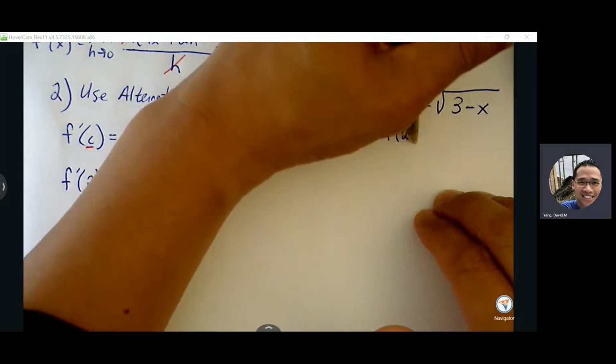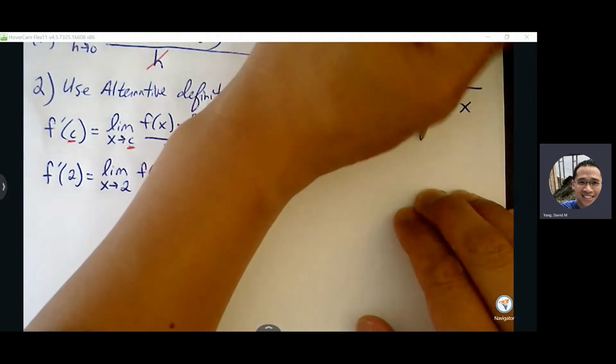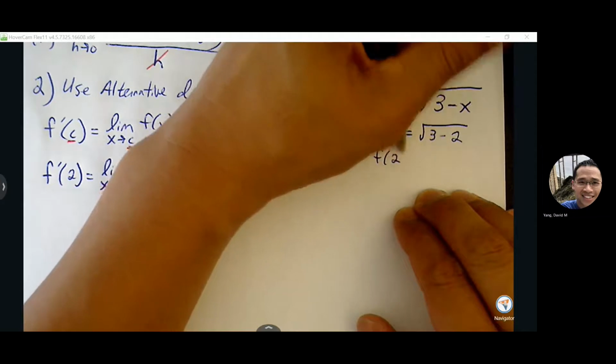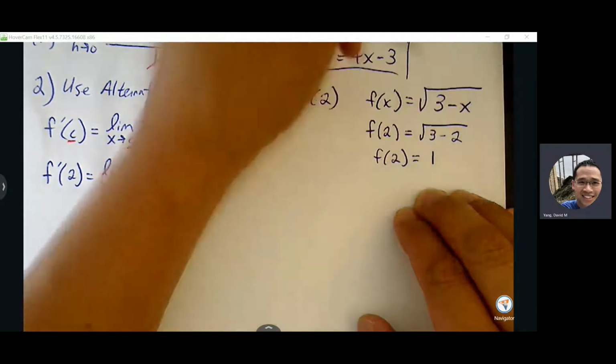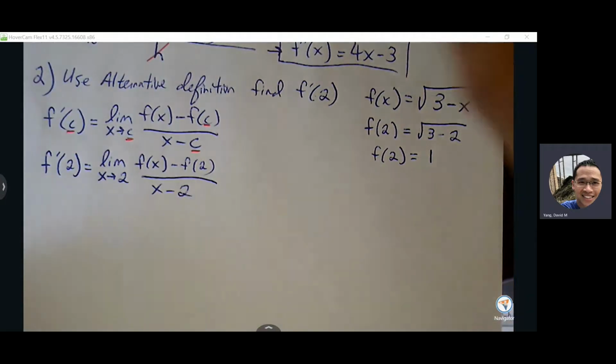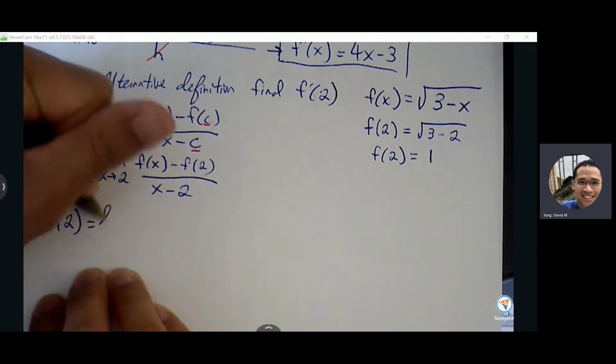Yep, we just want to find the y value of the function. So 2 in for x, √3 minus 2 is the same thing as what? Which is just 1, right? √1 is just 1, okay? So we're always going to substitute the numerator and leave the denominator alone because the denominator is always going to be ready for our algebraic step.